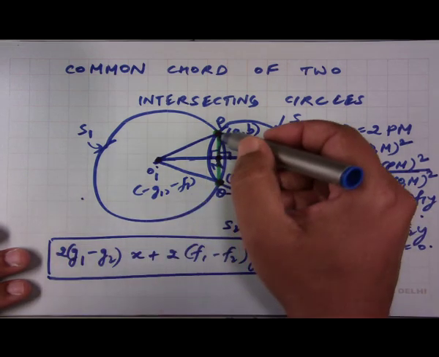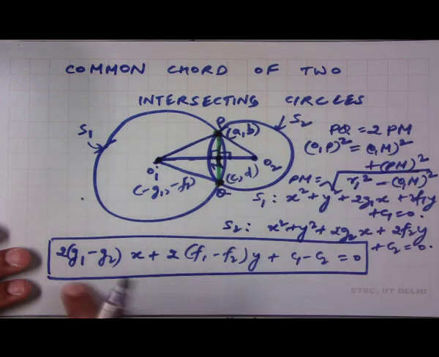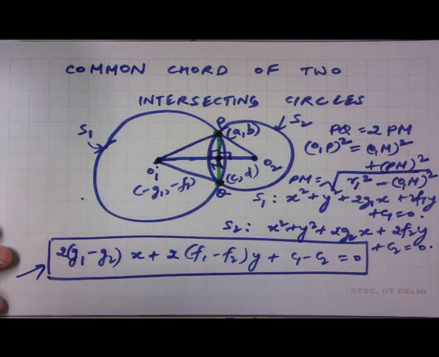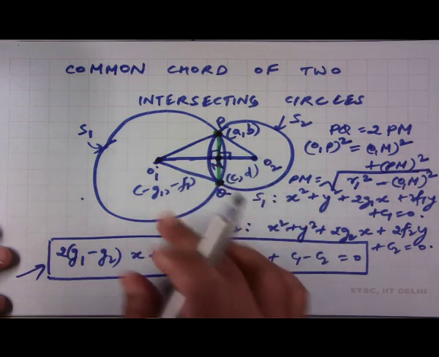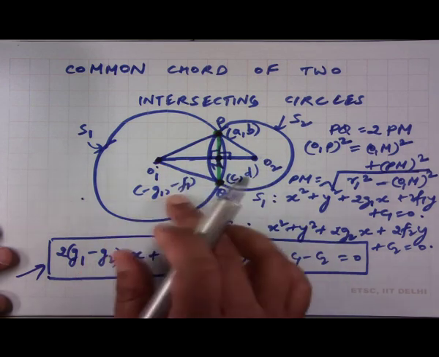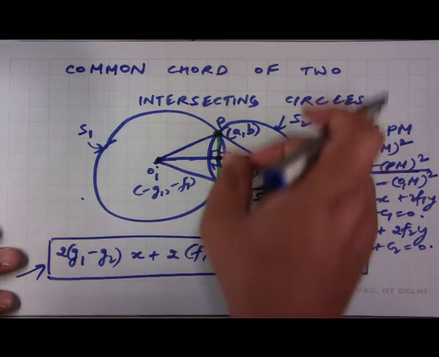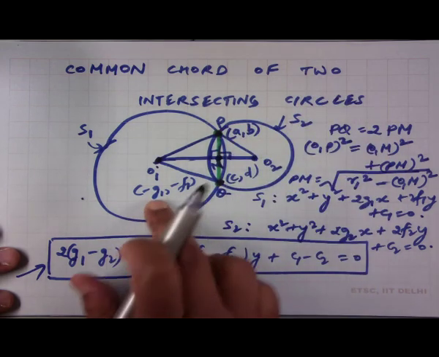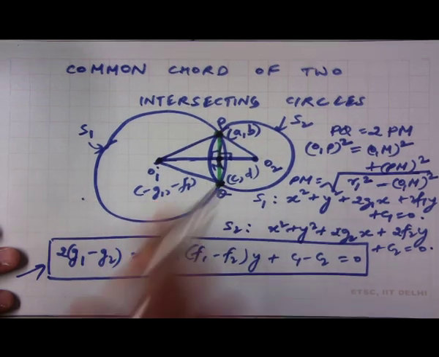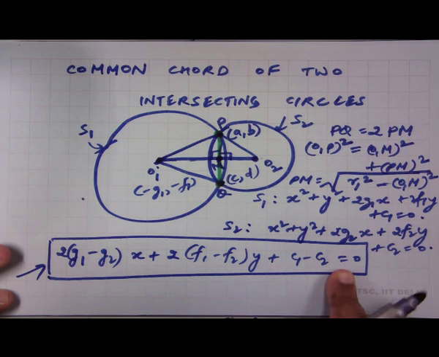Further, we also know the equation of this chord, which is this. So, O1M is nothing but the perpendicular distance of this known point from this known straight line PQ, which can be easily found out.